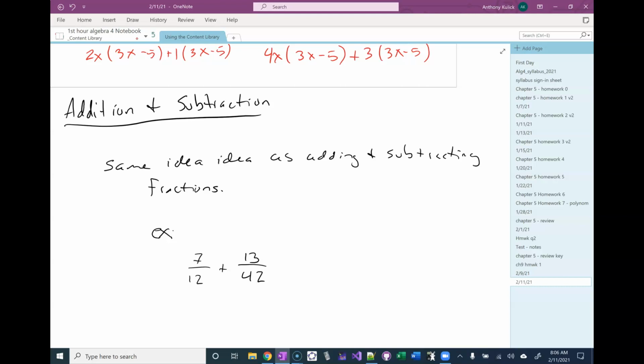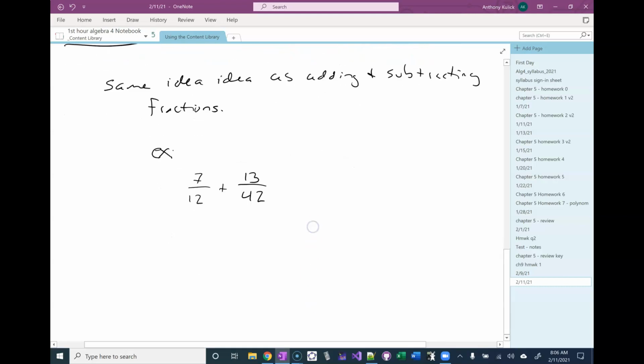So, how do we find a least common denominator for a fraction like 7 over 12 plus 13 over 42? You're going to want to look at the prime factorization.